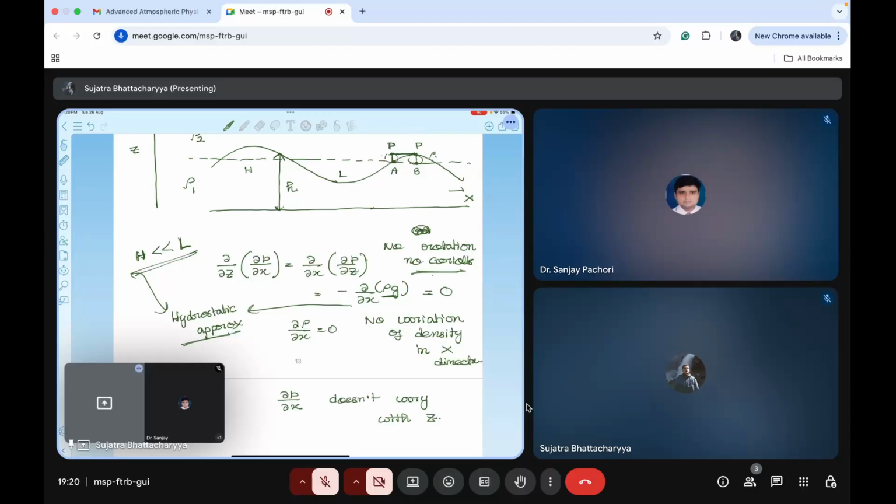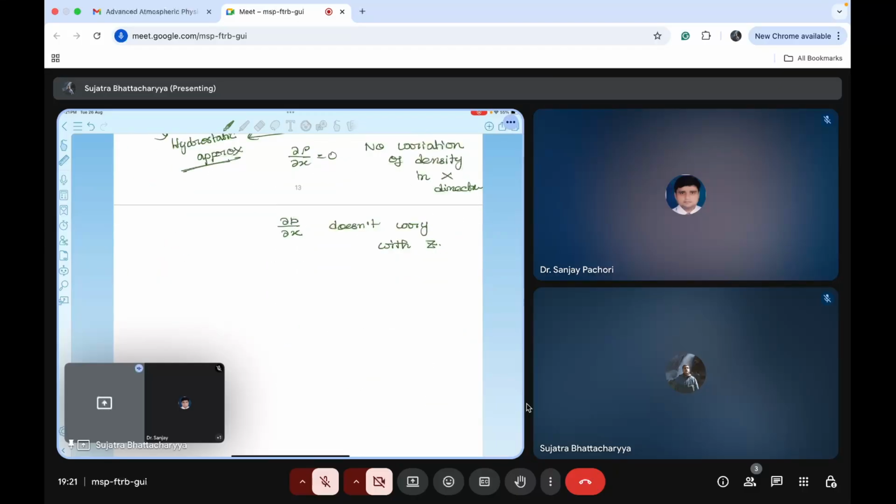So let us look at that. At point B, the pressure will be P plus delta P1, which is P plus rho 1 g del H del x into delta x, whereas at A it is P plus delta P2, which is P plus rho 2 g del H del x into delta x.